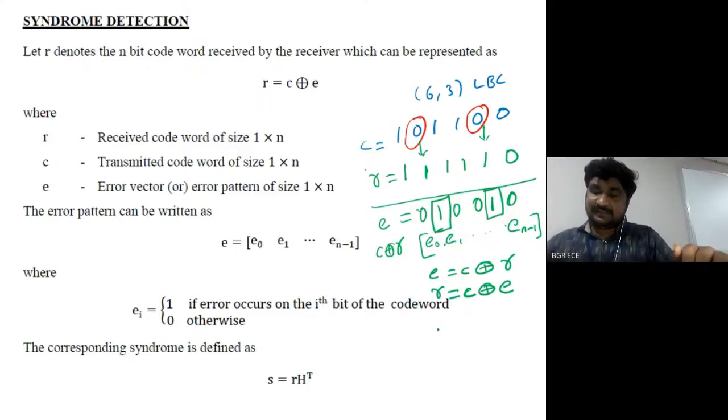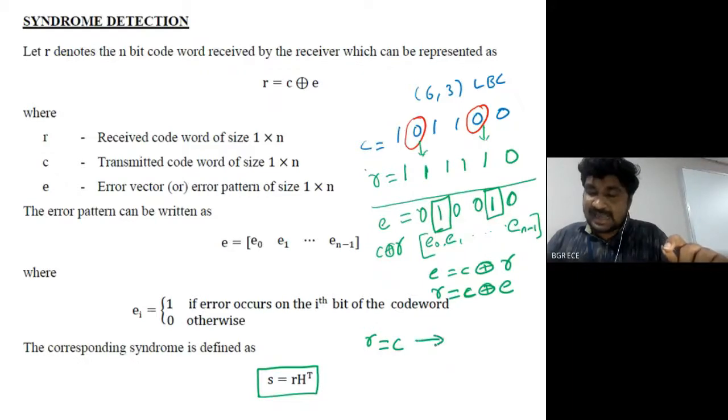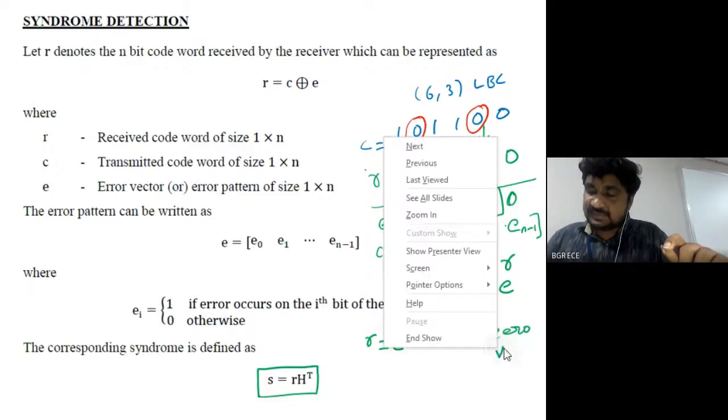And if we assume that the syndrome is determined such that S is equal to R into H transpose, suppose R does not have any error and R is equal to C. This condition will only occur when the error pattern is a zero vector.